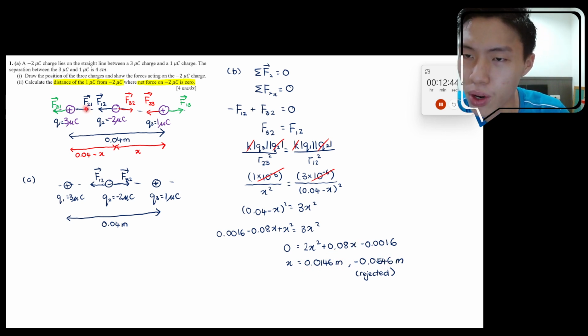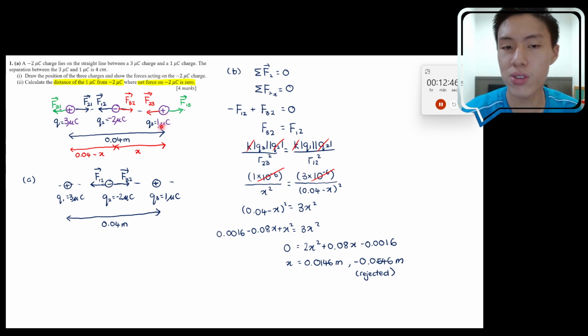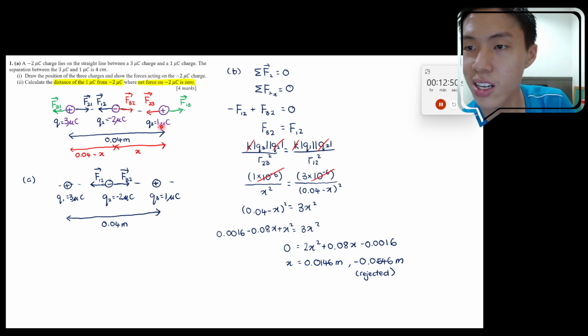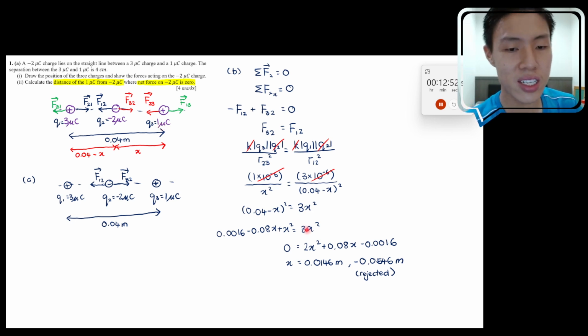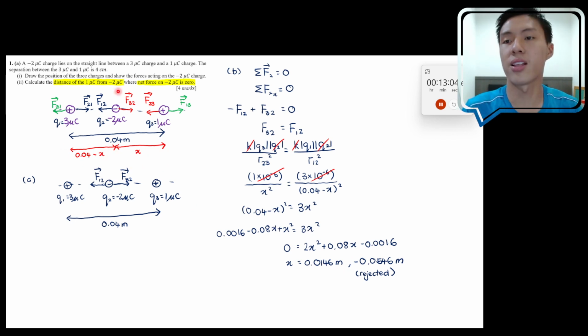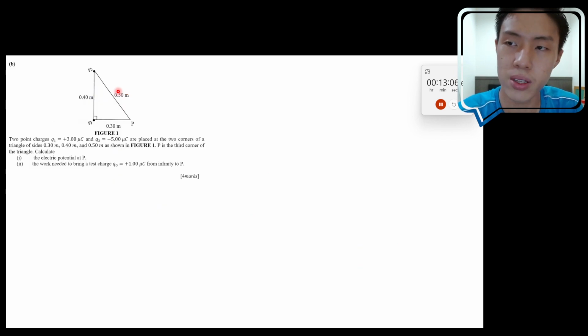It might be somewhere not between Q1 and Q3. Not really sure, but I think we have a time limit here, so let's just leave it as this. The distance between Q2 and Q3 is 0.0146. If you take 0.04 minus it, that will be the distance between Q1 and Q2. So we are done. Let's move on to the next part of question 1.